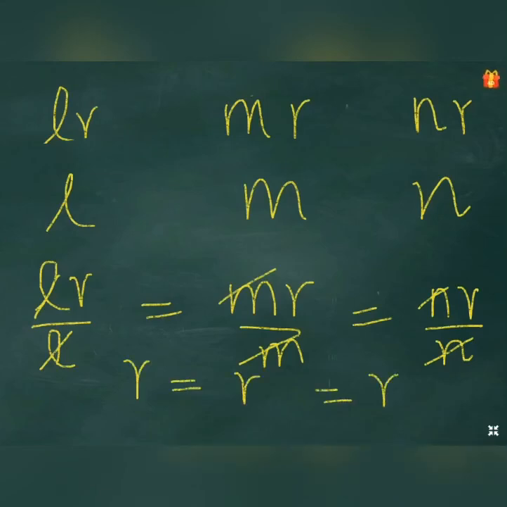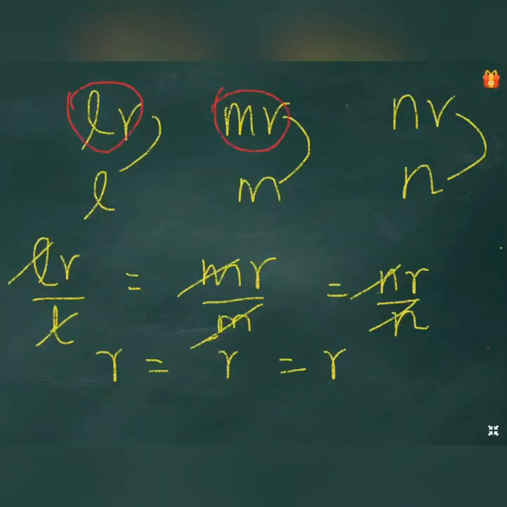Hence, lr, mr, and nr are proportional to l, m, and n respectively. lr, mr, and nr are the direction ratios, which can also be said as a, b, c, the direction ratios of vector OP.